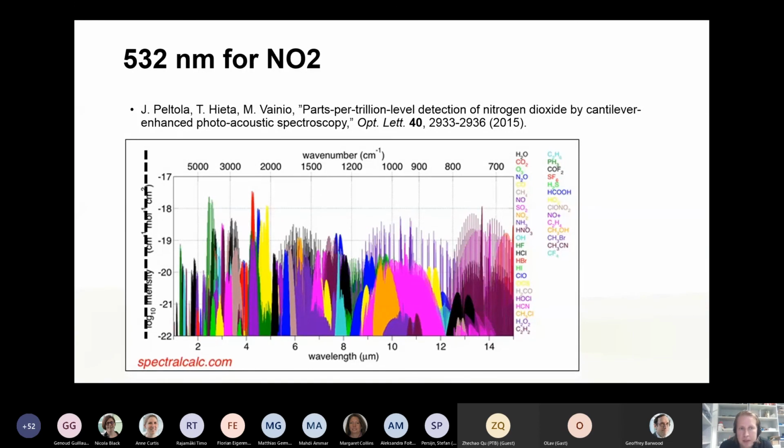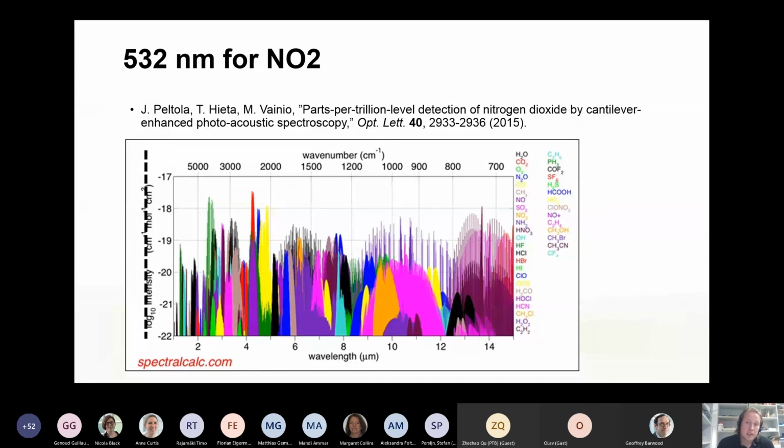But this is quite interesting when it comes to, let's say, the visible region, because it's not that often used in gas sensing. Nitrogen dioxide, which has been mentioned a few times already today, is an important molecule, and it has a wide absorption spectrum in the visible, roughly starting from 250 all the way up to 650 nanometers.